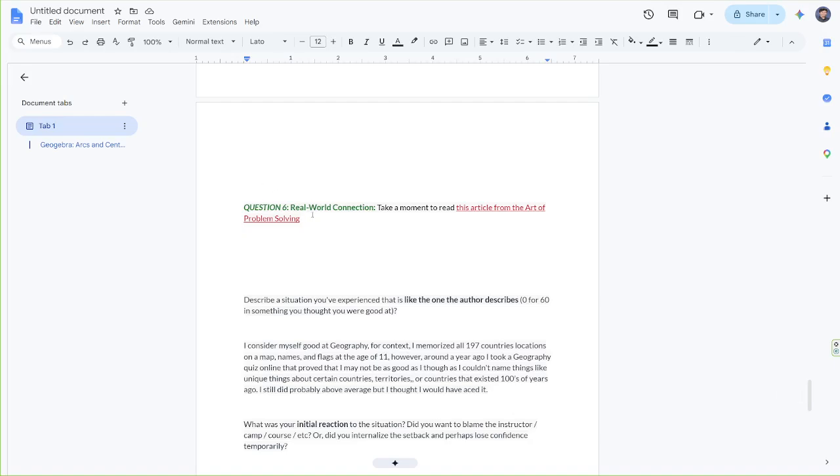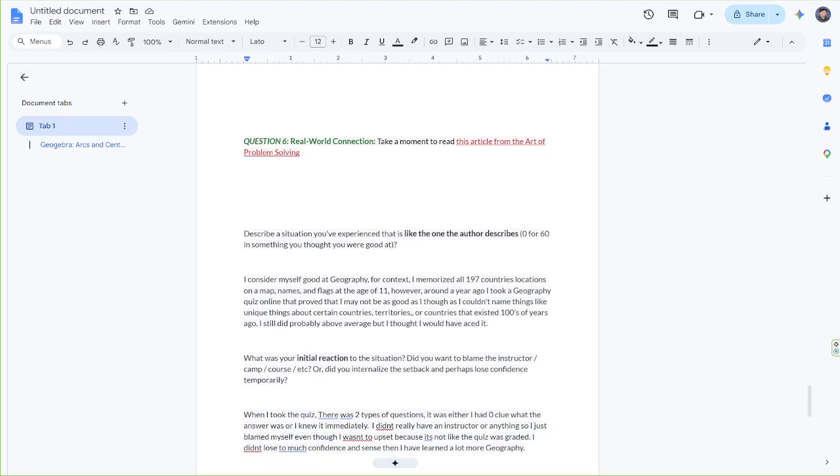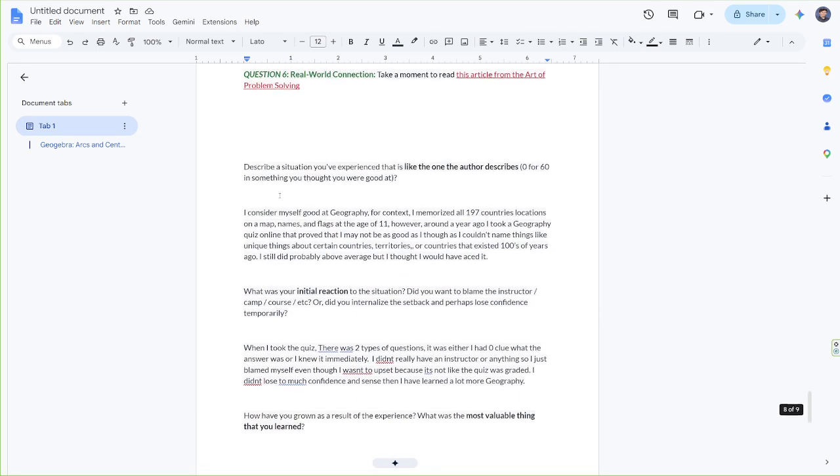Question 6, read this article and describe it, and I think this is a 4-part question. So for the first one, describe a situation that you've experienced that is like the one the author describes. I consider myself good at geography. For context, I memorized all 197 countries' locations on a map, all their flags, and their names at the age of 11.